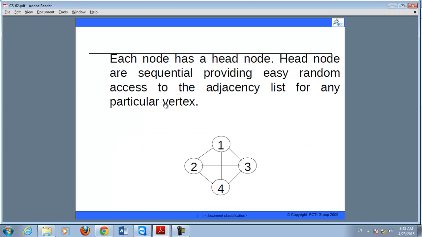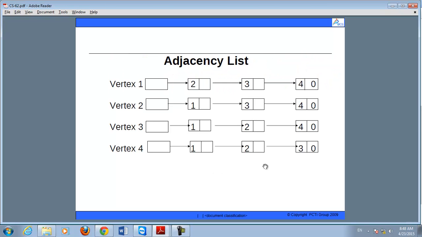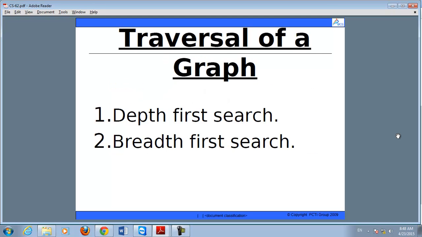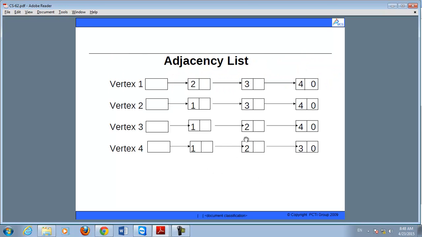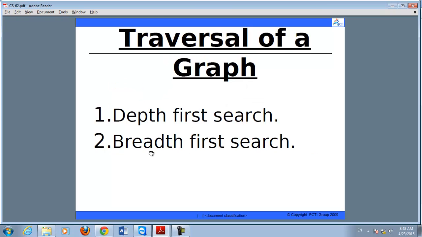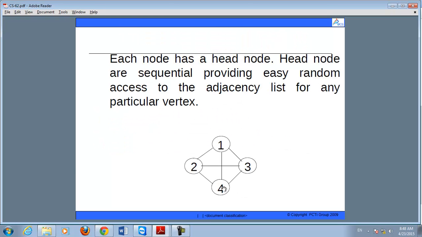Similarly, from 2 there is a path to 1, 3 and 4. From 3 there is a path to 1, 2 and 4. And from vertex 4 there is a path to 3 or 2, meaning you can move in any direction.